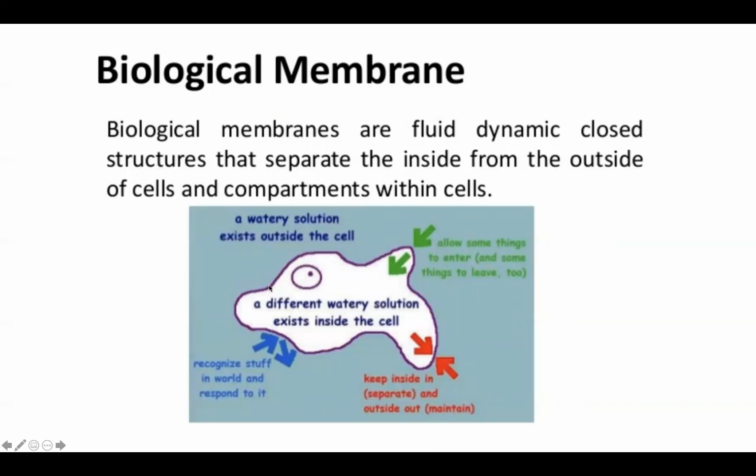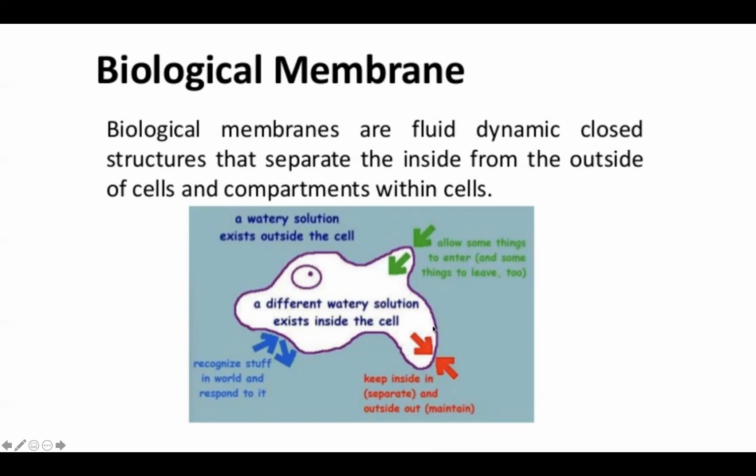If this is our biological membrane and this is our cell, we know that we have a watery solution that exists outside of the cell, okay? And so one of the functions, again, this is just for those of us that are visual, one of the functions of this biological membrane is to allow some things to enter and some things to leave the cell, okay?